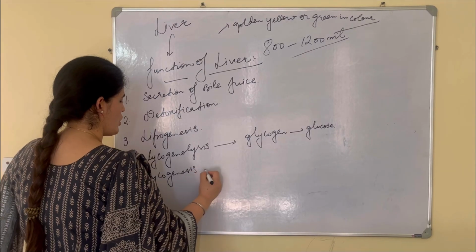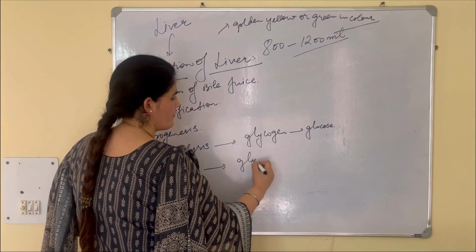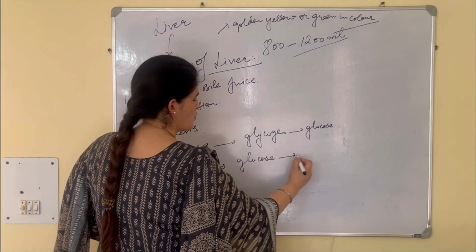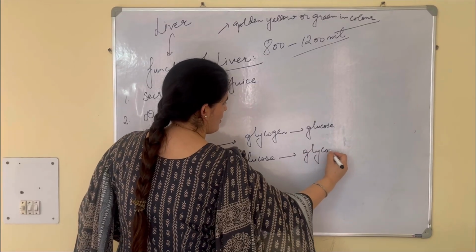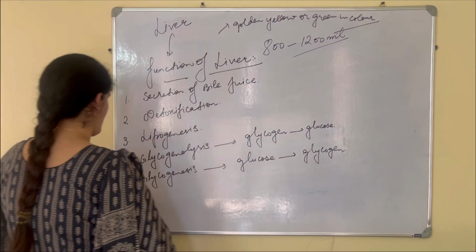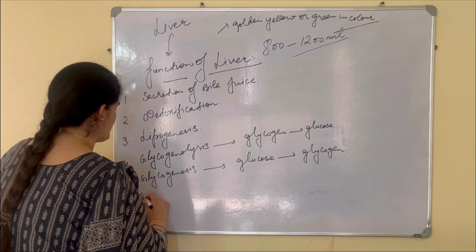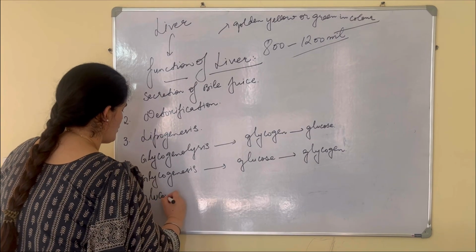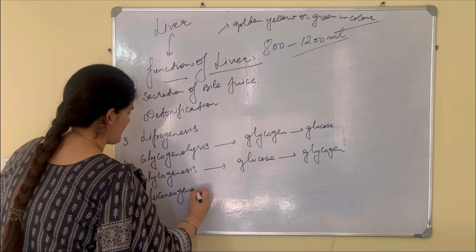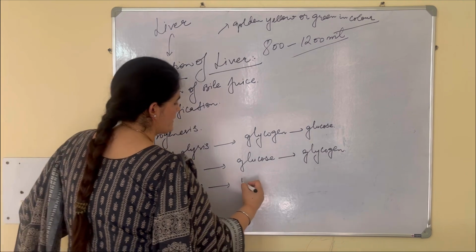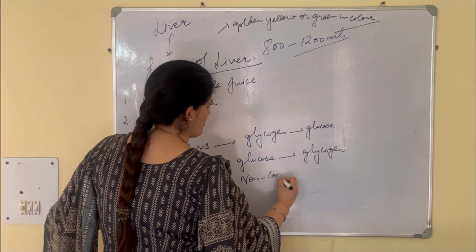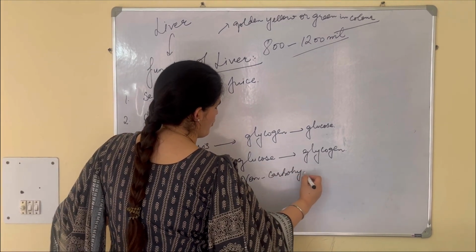Next, the liver helps in glycogenesis, which is its reverse, the conversion of glucose into glycogen. Then it helps in gluconeogenesis, in which glucose is produced from a non-carbohydrate source.